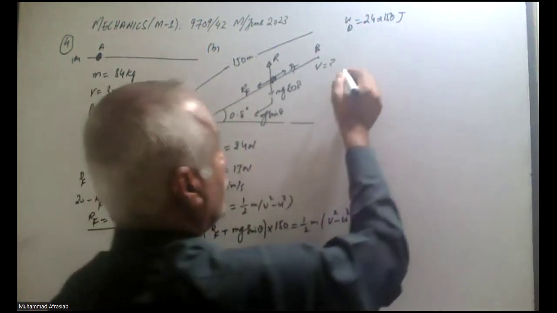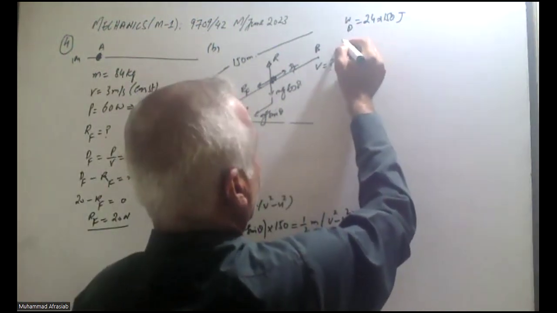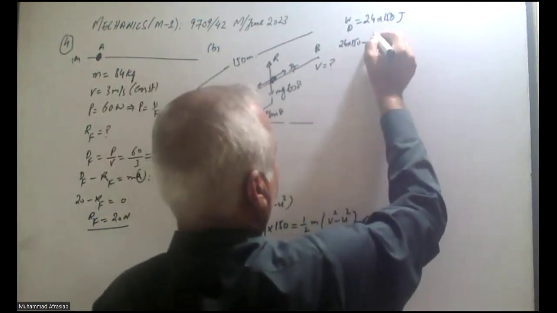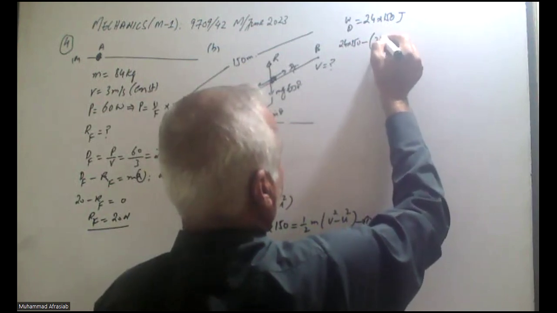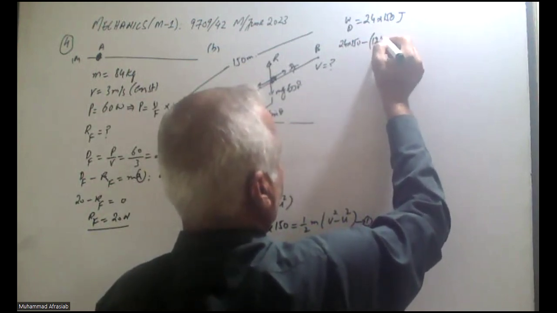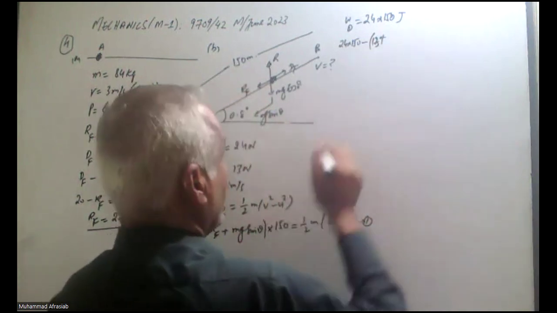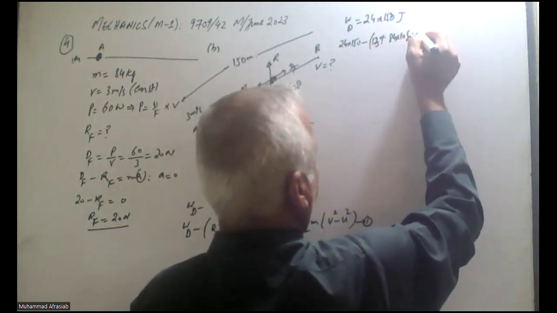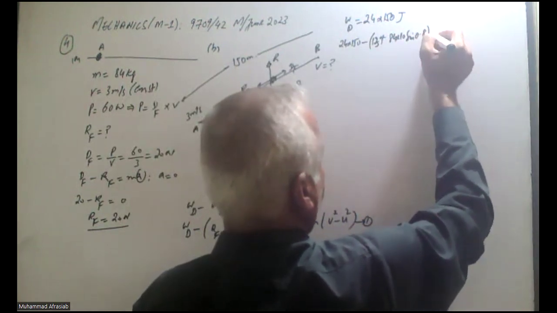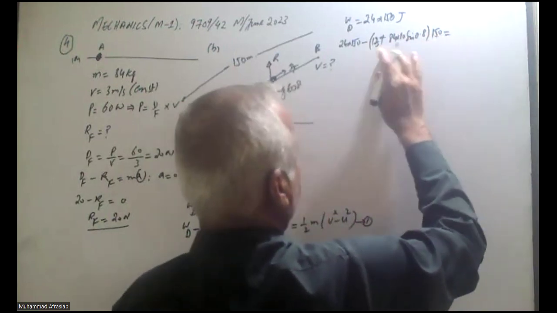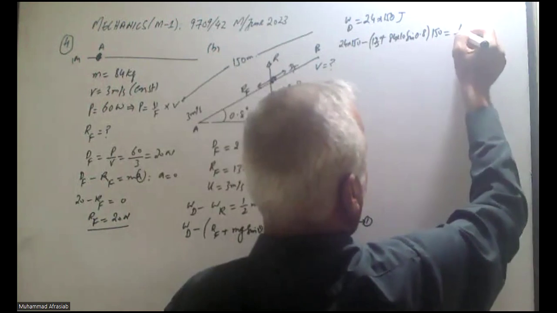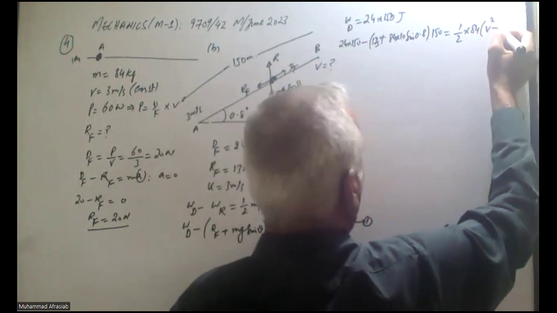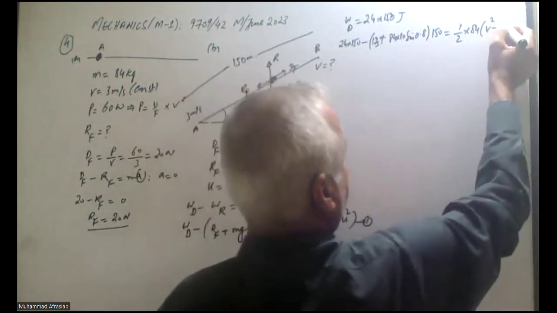Then this will become 24 into 150 minus resistive force, which is 30, plus mg, where m is 84, g is 10, into sine of 0.8 into 150, which is the total distance traveled by that particle, is equal to half mass is 84, v square is unknown, and u square is 3 square, which is 9.